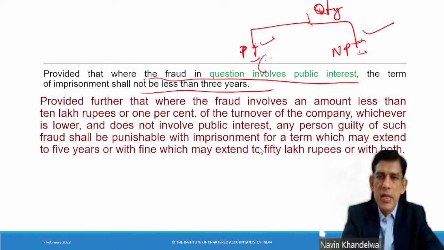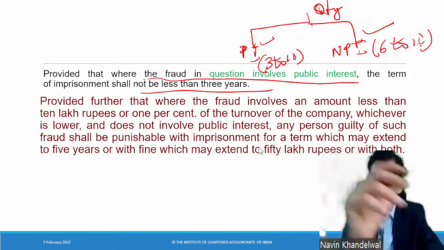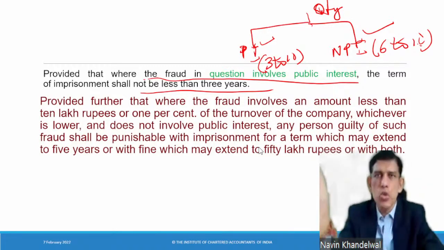Public interest, 3 to 10 years; no public interest, 6 months to 10 years, not 6 years to 10 years, right? Don't commit these very obvious mistakes. At times it happens.